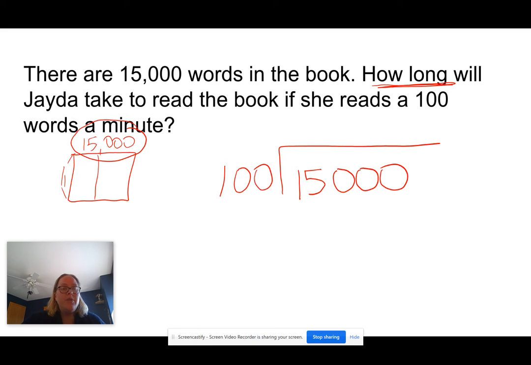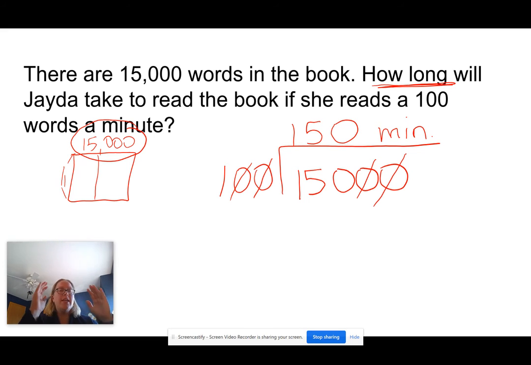Now notice that both of these end with zeros, so I can cross off 2 zeros. Now 1 goes into 1 how many times? 1. 1 goes into 5, 5. 1 into 0. So this is going to take Jada 150 minutes to read if she's going to read 100 words a minute.